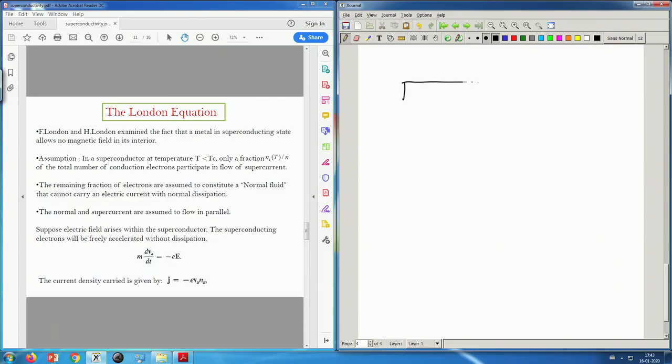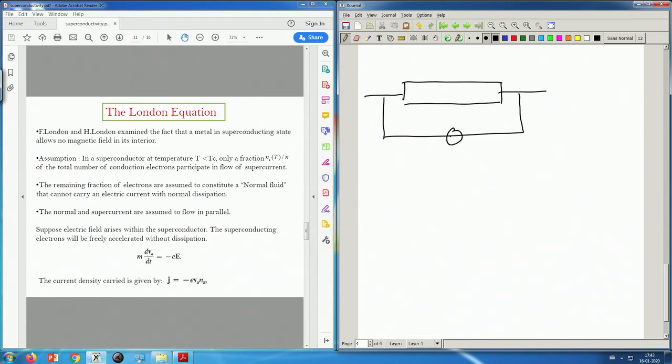Typically, these measurements are done in 4 probe geometry. Just as an aside, suppose you have a superconductor and you do a 2 probe measurement.